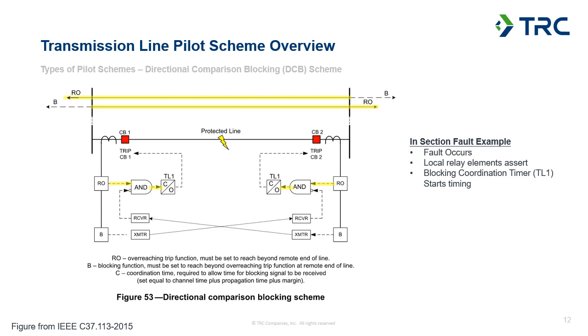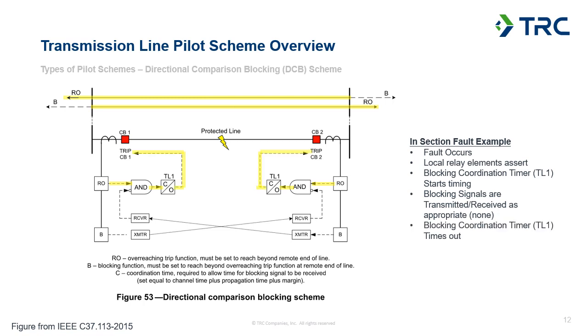So for the in-section fault, this timer is timing and it's waiting to receive a block. And if a block's received, the timer will drop out to prevent a trip from happening for an out-of-section fault. But in this case, the block is not received. So even though the scheme is timing, we don't receive a block.